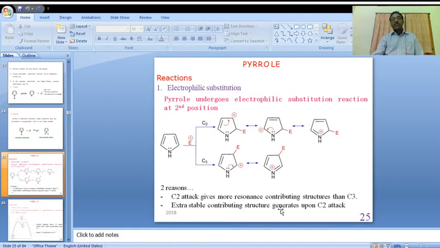An extra stable contributing structure generates upon C2 attack. Due to all these reasons, the electrophile generally attacks the C2 position, and we get the C2 substituted product for pyrrole.